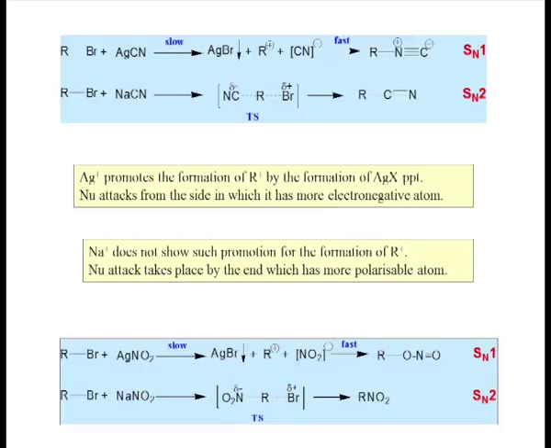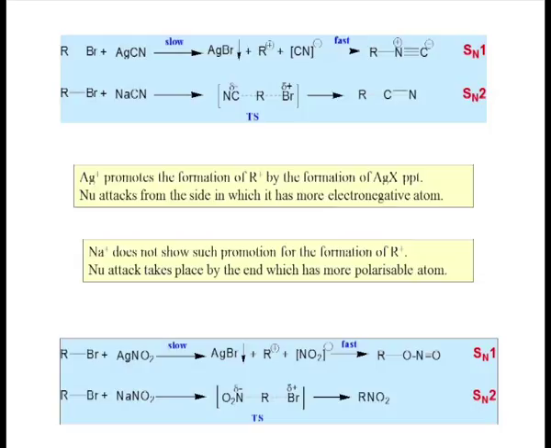Look at this. CN minus is being written in the third bracket, but the product being shown is RN plus and C minus. That means the R plus is getting attacked by the CN through the nitrogen, not the carbon. That means nitrogen is the attacking species, whereas just a simple change.